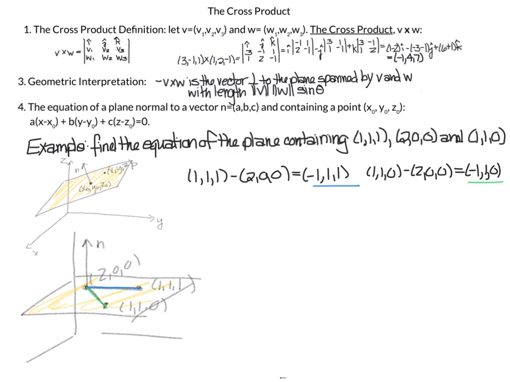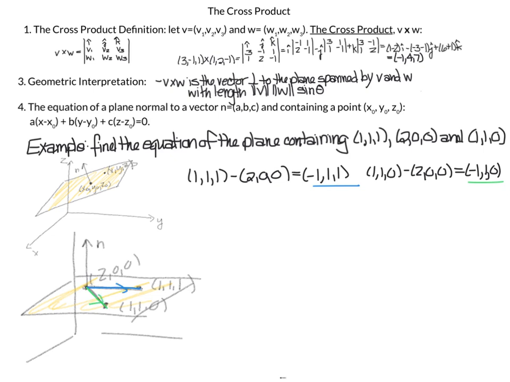And just to give a little more indication, this negative 1, 1, 1 is the line from 2, 0, 0 to 1, 1, 1. So I've underlined this in blue, and I've made this the blue line. And this green, negative 1, 1, 0, is the line from 2, 0, 0 to 1, 1, 0. So it's this green line here.